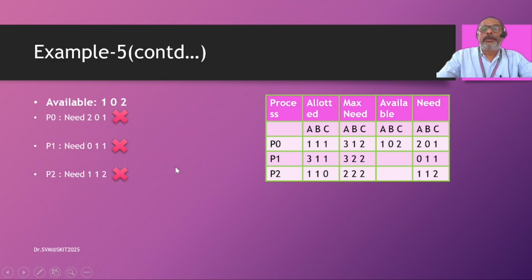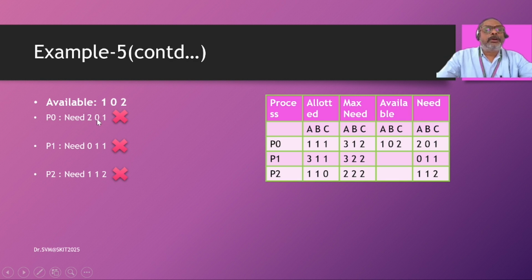So if you just look at that, P1 wants 1 unit of B, and that may be possible if P0 completes its job, then one instance of B can be released, or if P2 completes, then one instance of B can be released. So we can say that P1 is waiting for either P0 or P2.